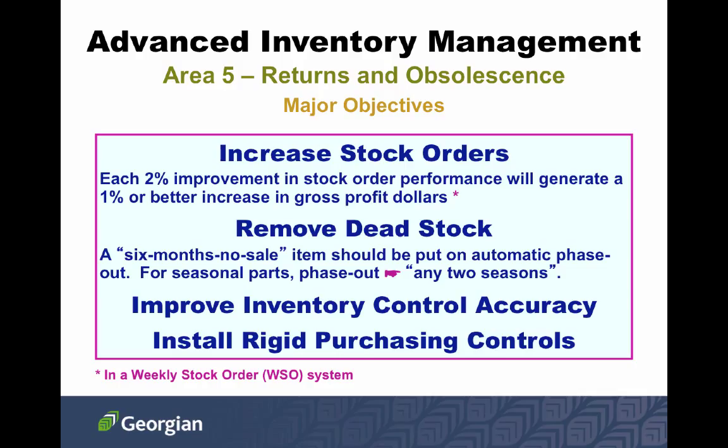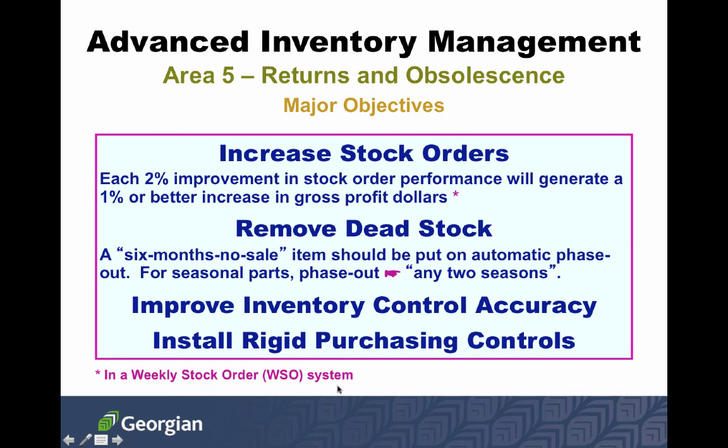And the first heading is increase stock orders. And maybe in the just-in-time setting, we should relabel that increase efficient purchases. But certainly in the WSO settings where you have stock orders, many of the studies that have been done have come to the conclusion that each 2% improvement in stock order performance will generate a 1% or better increase in gross profit dollars.